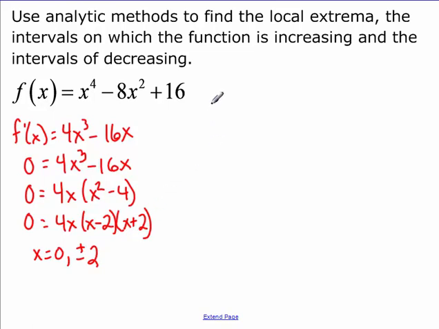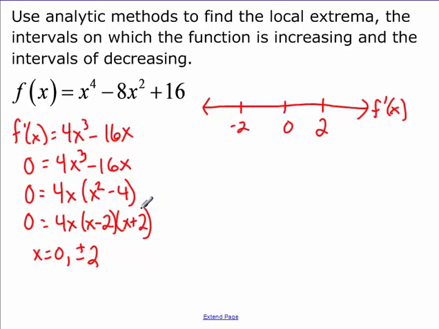Now to help us organize our work, do a number line chart where we're looking at the sign of the derivative, and I label my number line chart so I know what I'm looking at the sign of, with all of our points, with negative 2, with 0, and with a positive 2. Now you're figuring out the sign, whether your derivative is positive or negative. So pick a number less than negative 2, plug in negative 3 in each one of these factors and figure out whether you're positive or negative.